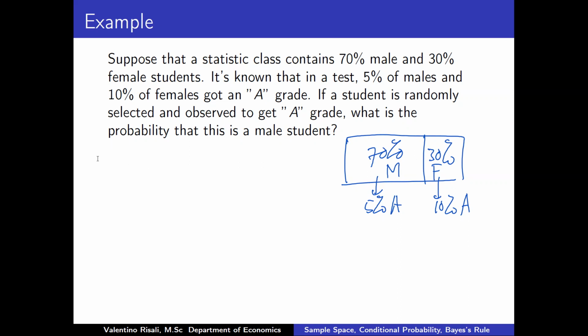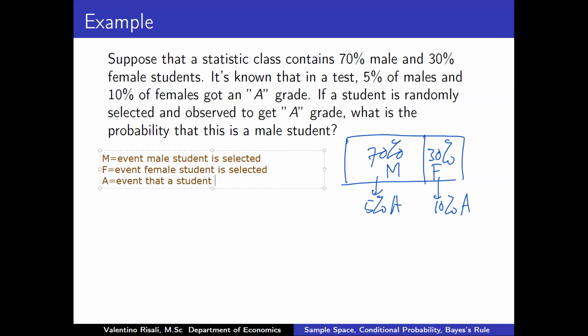So let M be the event that a male student is selected, and let F be the event that a female student is selected, and A the event that the student gets A. And then our task is to find the probability of M, because we ask what is the probability that this student is male.